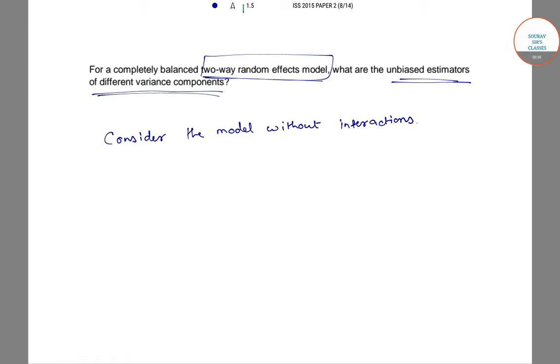So let us consider the model without interactions. Let the model be Yijk equals mu jk plus Eijk, where this mu jk is equal to mu plus alpha j plus beta k.